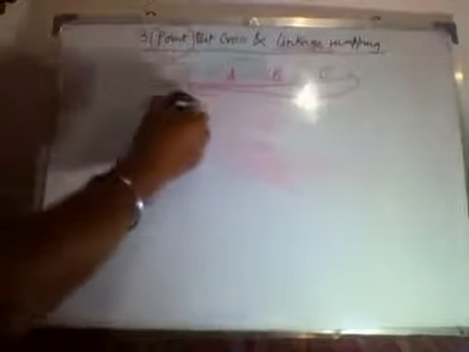First of all, let me draw the location of 3 genes on a particular chromosome. Suppose this is a chromosome harboring 3 genes A, B and C, and I have developed a trihybrid which is having the second chromosome like small a, small b and small c.